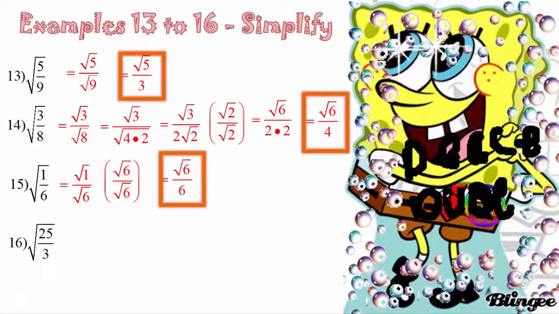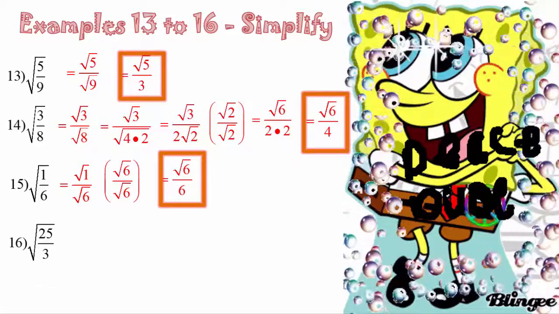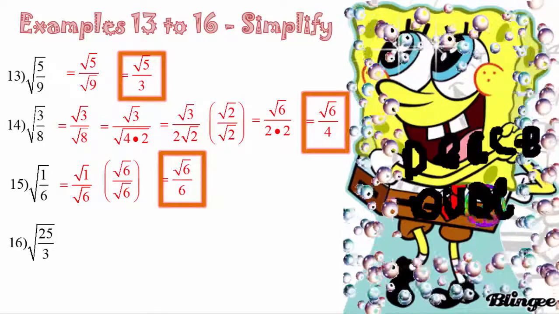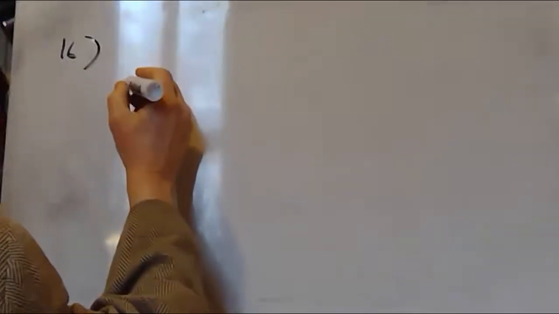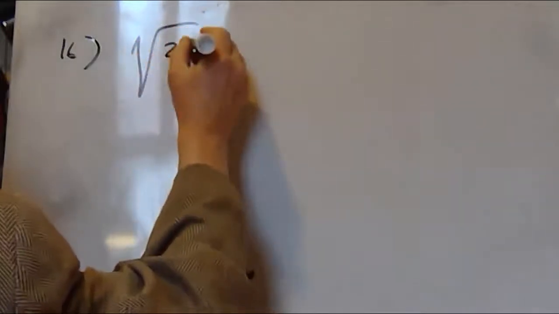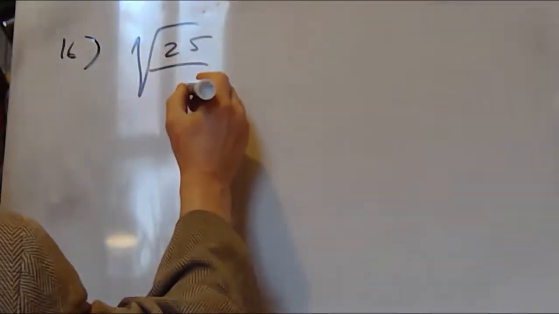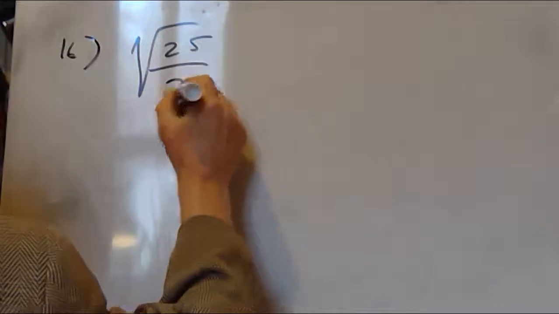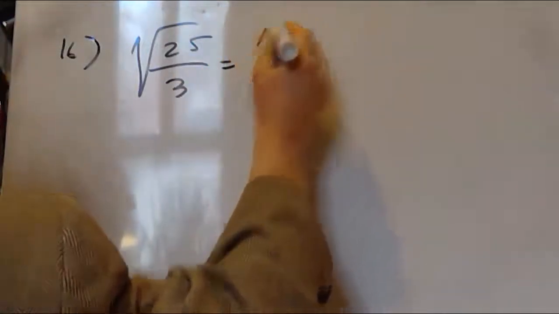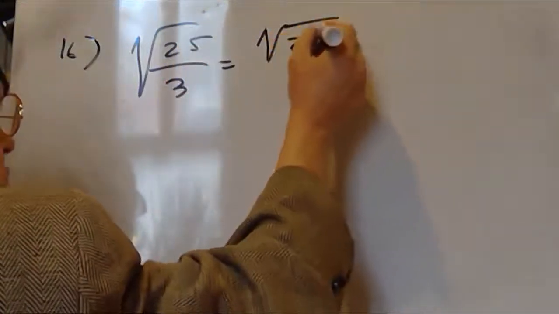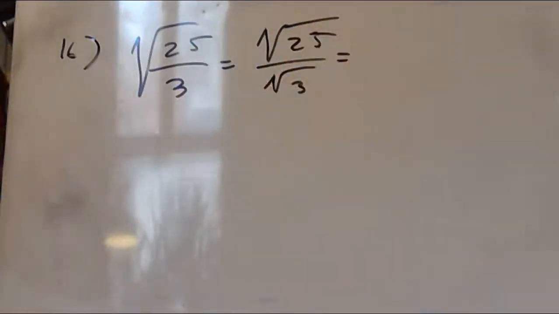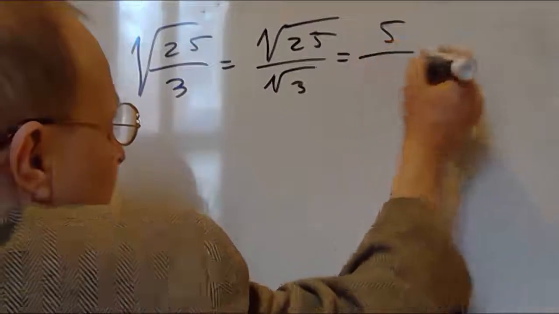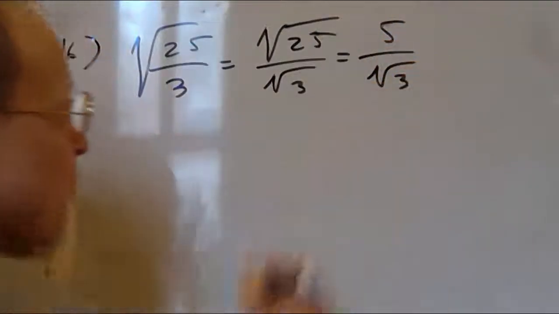In number 16, we're asked to do the square root of 25 over 3, so let us go over to the whiteboard and do this one. Well, we see 3 does nothing we can do. Square root of 25, square root of 3. Well, of course, I see that's a perfect square, so I can put that 5 over there and square root of 3.